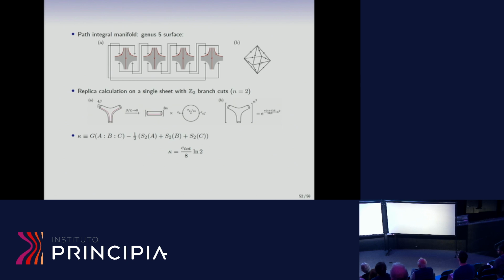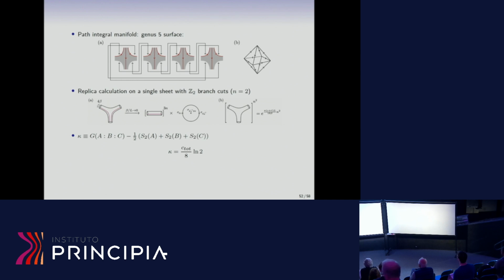From a different perspective, we have a replicated space-time, where each copy is connected through a branch cut. Then we can calculate this using the twist operator formalism. In this limit, the diagram decomposes into the cylinder part and something in the central region that we know how to calculate. That's how we get this result.